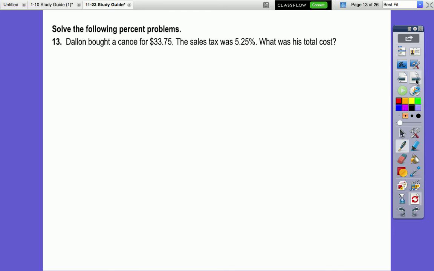So in order to find your total cost, all you're going to do is take the cost, and because tax is going to make your amount go up, so cost plus 5.25% as a decimal is 0.0525 of that original amount.